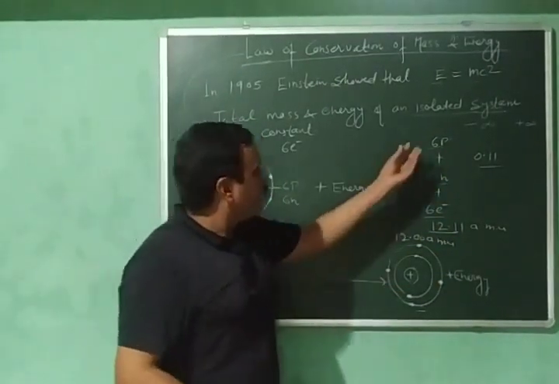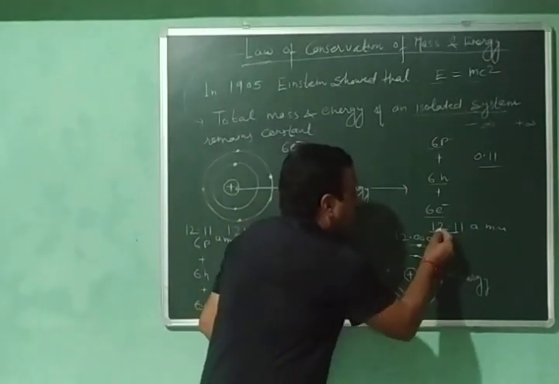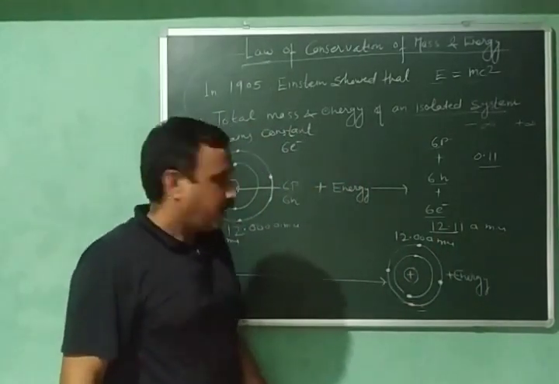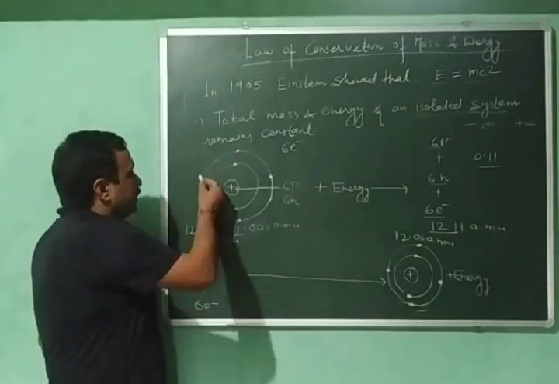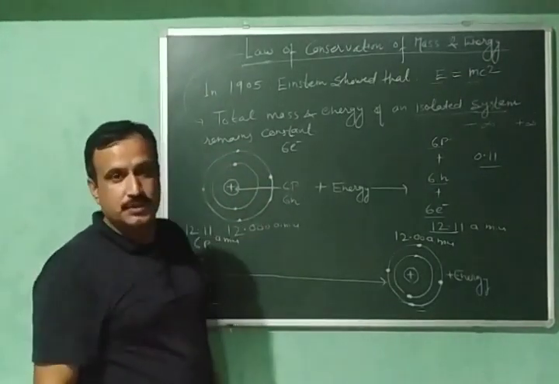And the total mass of these subatomic particles comes out to be 12.11 AMU. Okay, and we know that the atomic mass of the carbon atom is 12 AMU, atomic mass units.